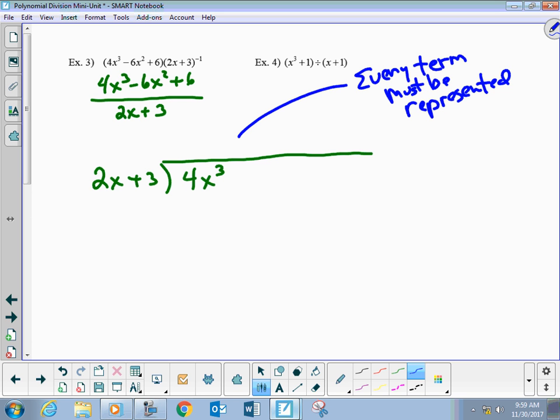If one is missing, you fill with a 0. So if a term is missing, you will fill with a 0, like 0x, or 0x squared, or whatever it is you're missing, and you might miss more than one.